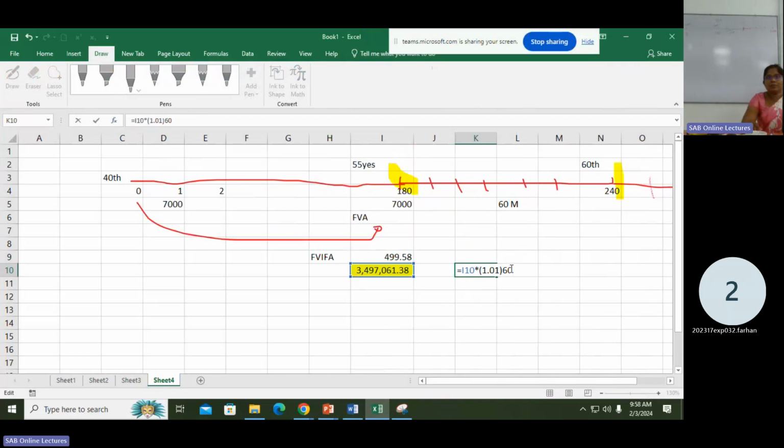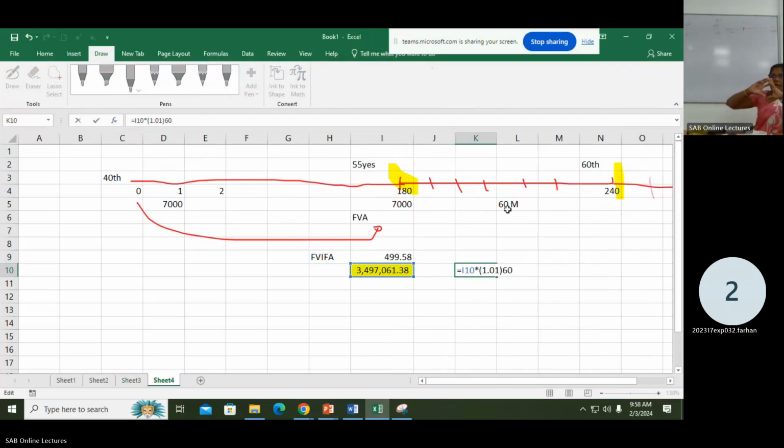It is the normal future value, not an annuity, so simply take 1 plus R to the power n, because interest is calculated for this period. This is the balance at the end of 180 months. For these 5 years, interest is paid, right?